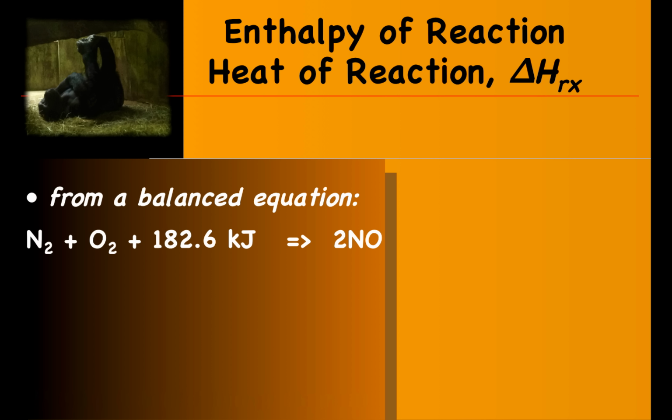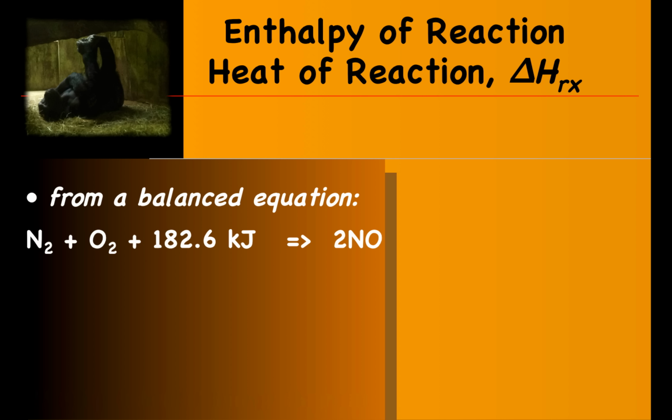The first thing that you should notice in this equation is that heat is on the left side of the arrow. Heat is on the same side as the reactants. That means the reactants combine along with the 182.6 kilojoules of heat to produce the 2 moles of NO. Heat is required for this reaction.